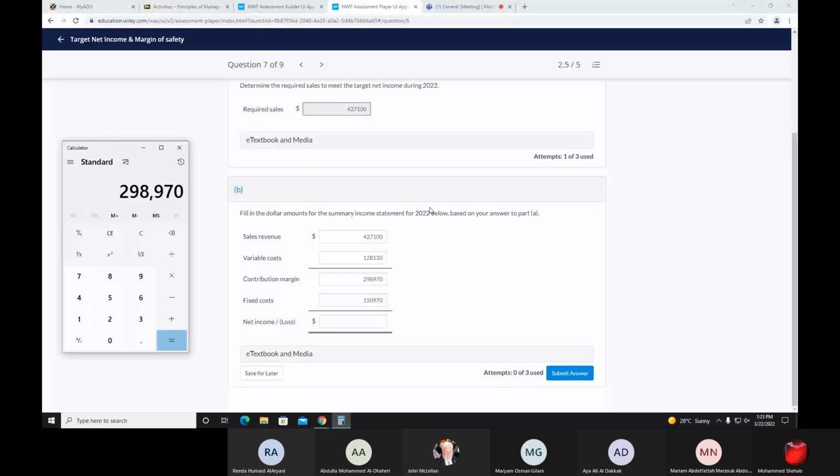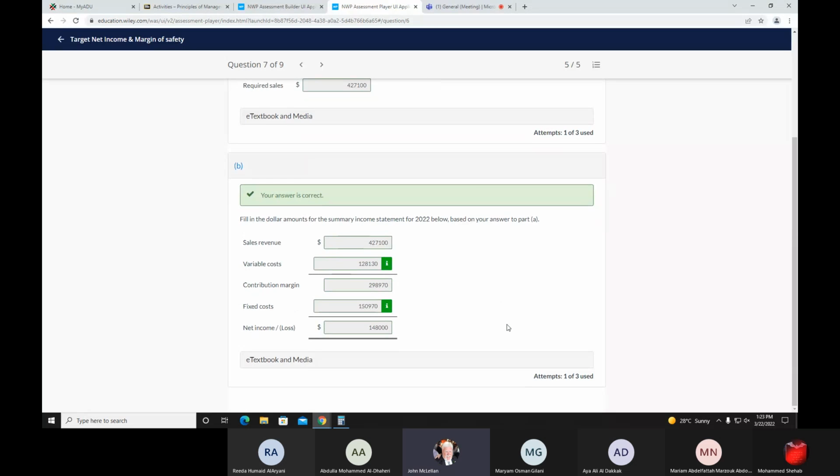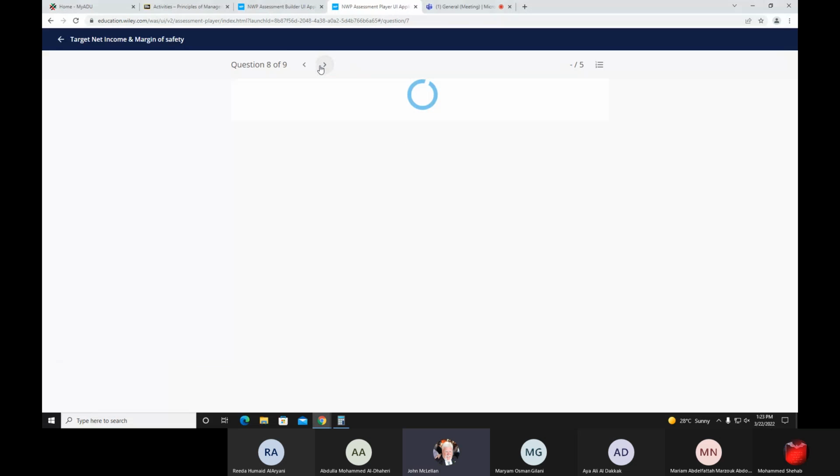And there's the profit, which was 104 plus 44, which is 148,000. So you've proven that at that level of sales, you will earn a profit of 148,000, which is your target net income, which is 44,000 more than it was last year. Okay?